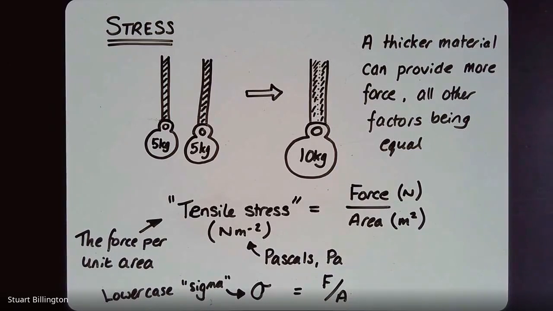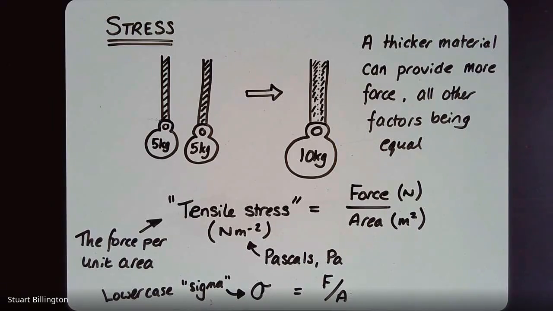And so what we tend to do is we would look at that 10 kilogram mass, but then we would divide it by the cross-sectional area of the cable that we were hanging it from, because then that will give us the force per unit area rather than the total force, which will vary from thickness to thickness, but will not vary from material to material.